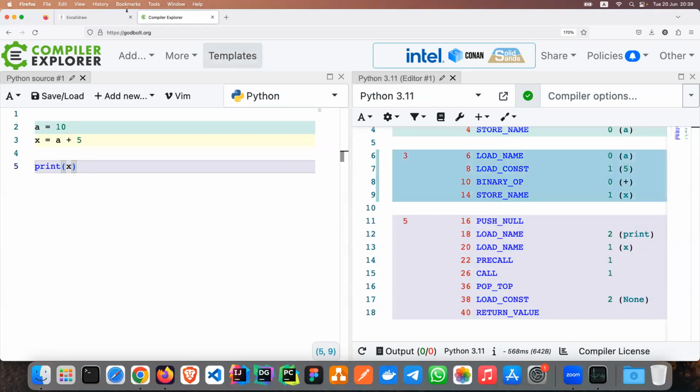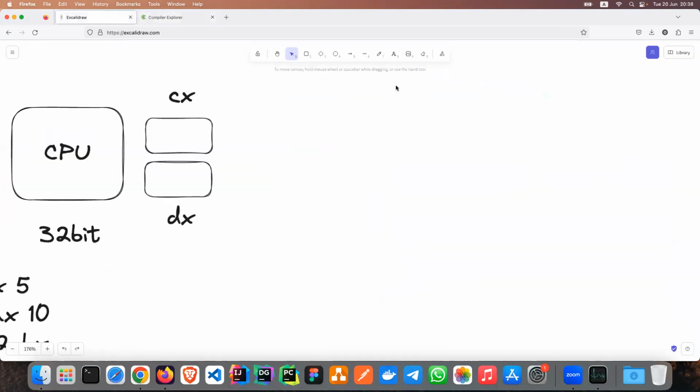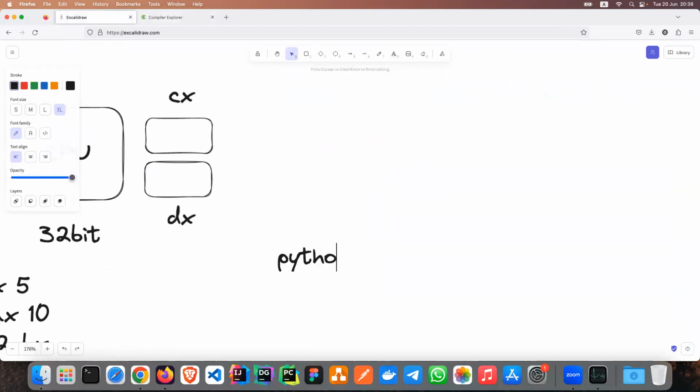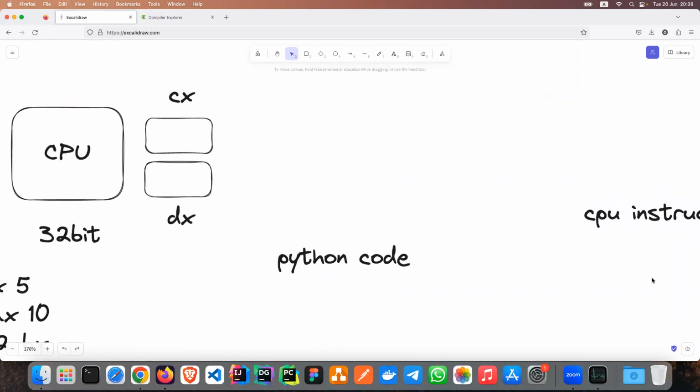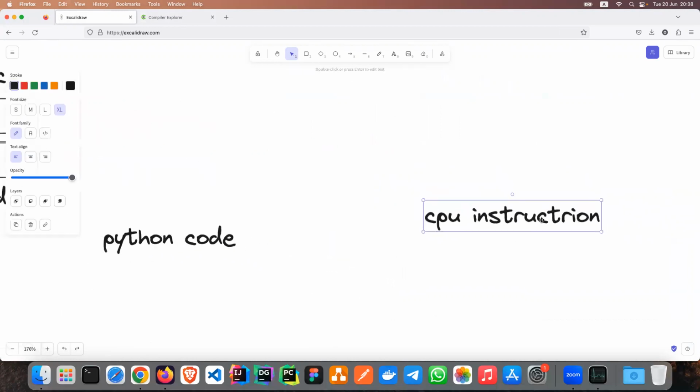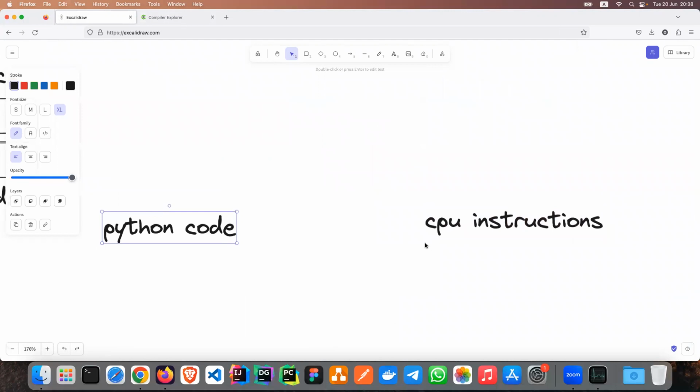I write in Python code, and on the right side, I have CPU instructions. I need some tool to convert this Python code into CPU instructions.